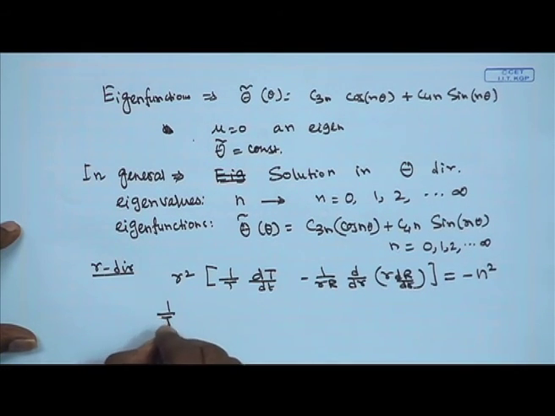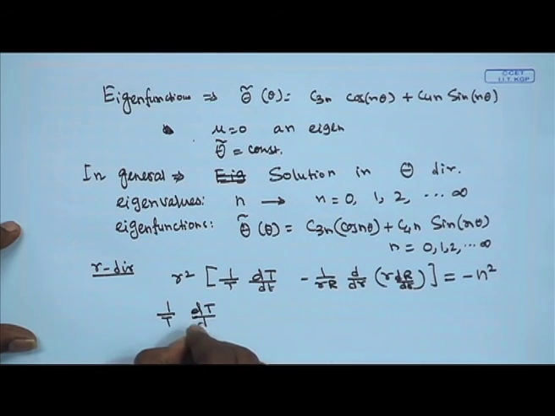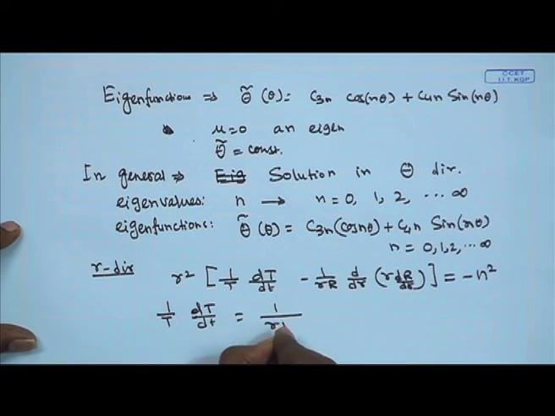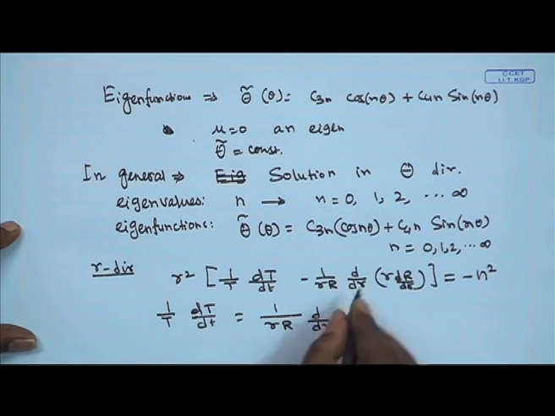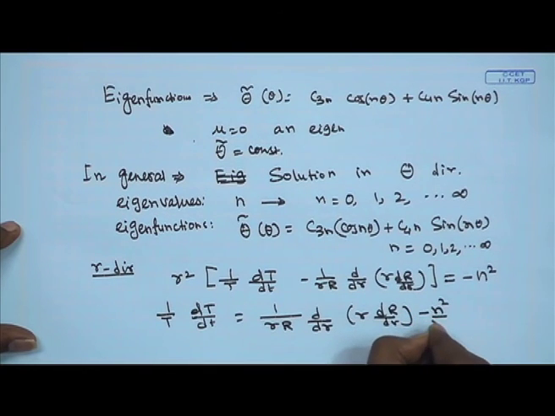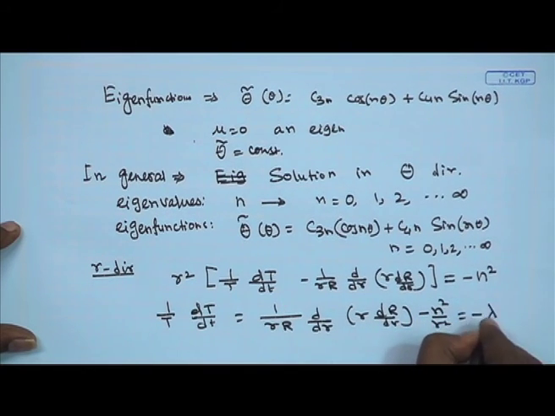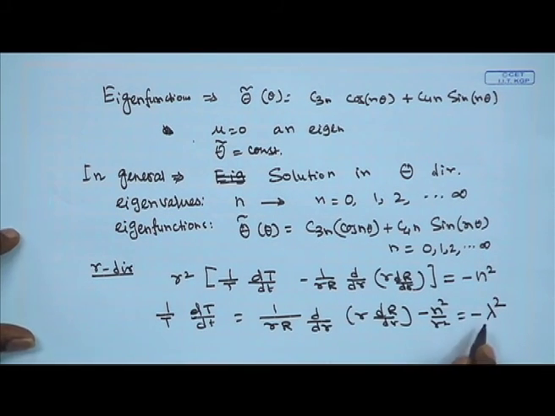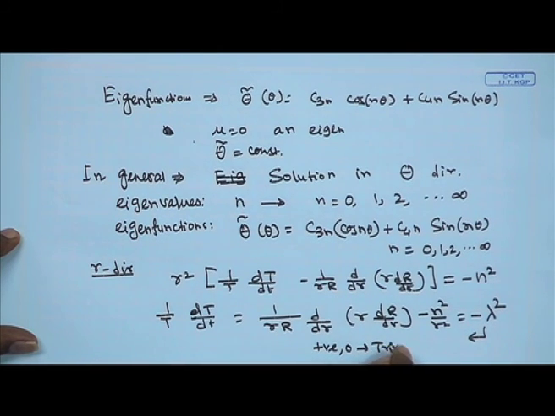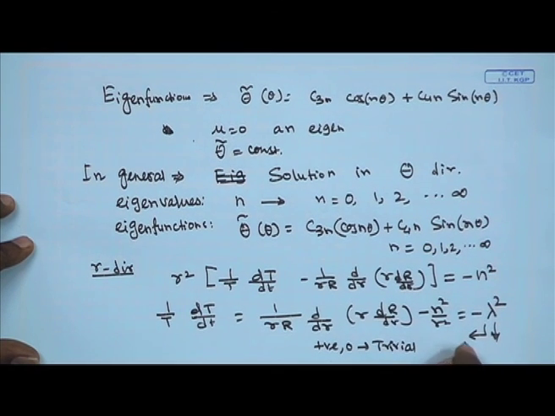So we can separate out the variables. dT/dt over T is equal to 1 over r d/dr of r dR/dr minus n squared over r squared, and again that will be a negative constant. This is a function of time, this is a function of space, so this will be equal to some constant, the negative constant. If we have a positive constant or 0, then we will be getting a trivial solution. So in order to have a non-trivial solution, we take the negative value of this constant.